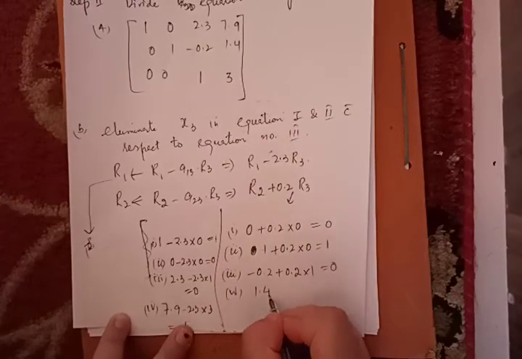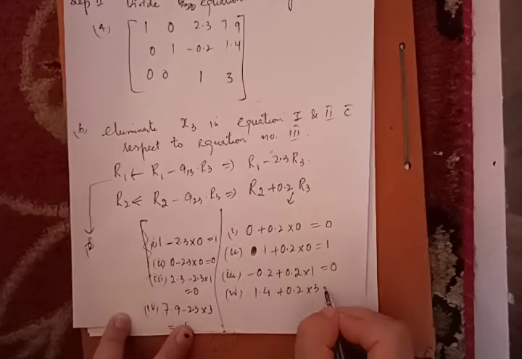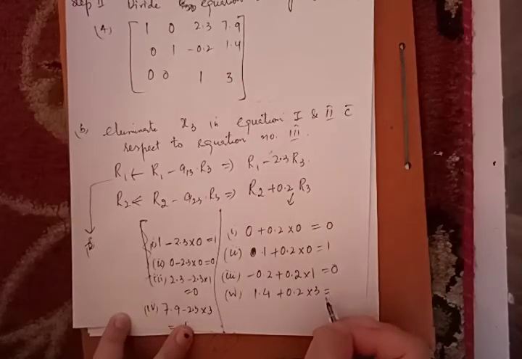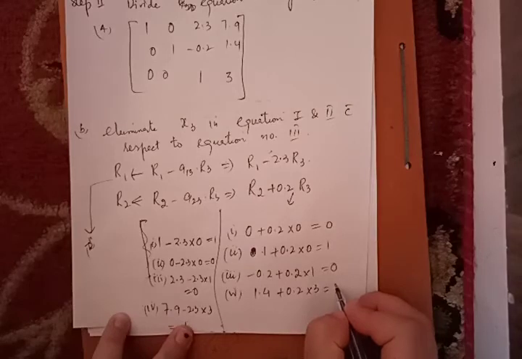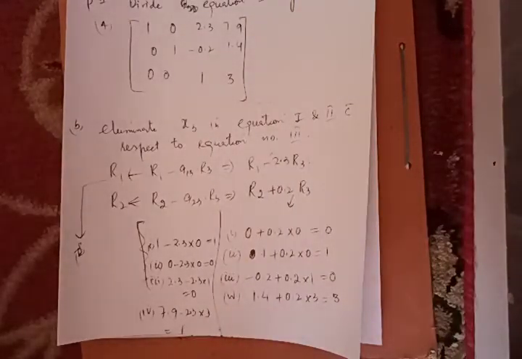Fourth element is 1.4 plus 0.2 into 3, which is 0.6, so this will be 2.